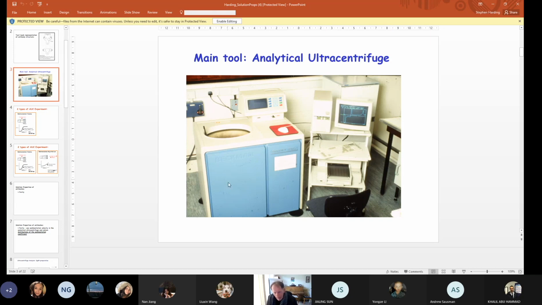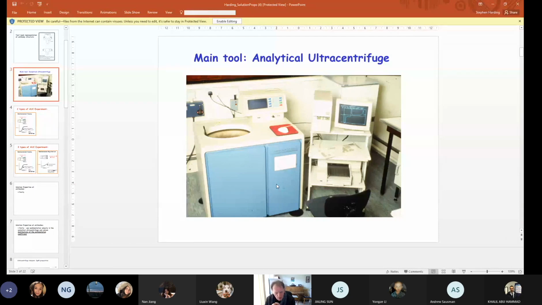Right, so this is the ultracentrifuge. It's called an ultracentrifuge because it's high speed. High speed means it can get to speeds of 60,000 revolutions per minute.